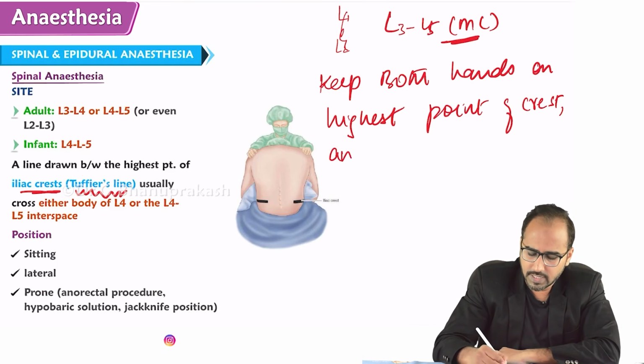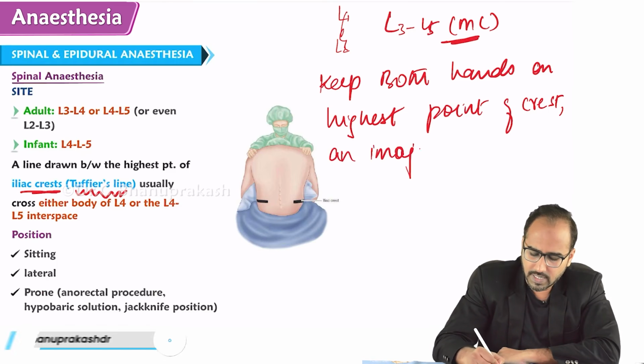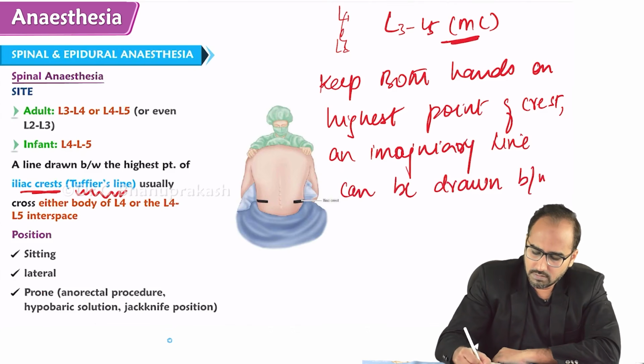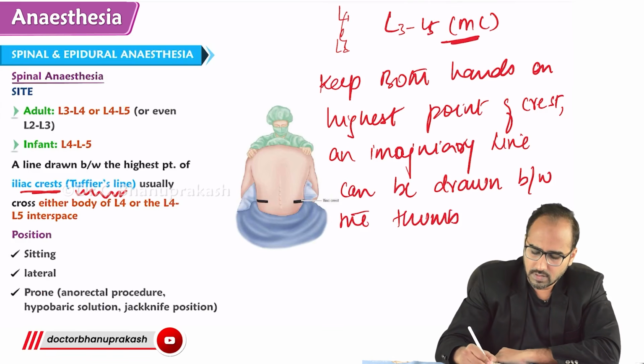An imaginary line can be drawn between the thumbs, which indicates what line, guys?